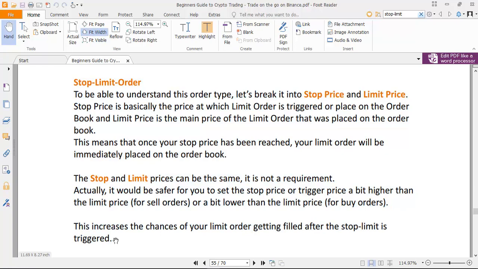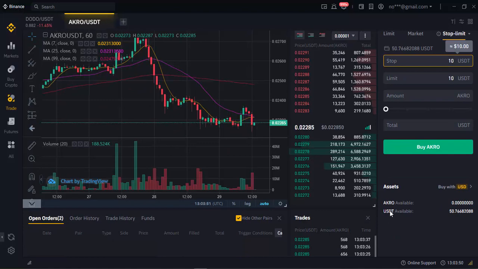Now let us take it into action so you can understand fully the difference between stop limit and other types. So let me take you to Binance. Let me check the balance. We have available zero. The USDT we are going to use for this trade is going to be 50 USDT.